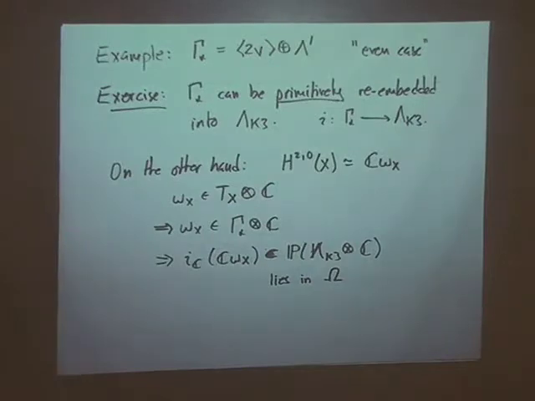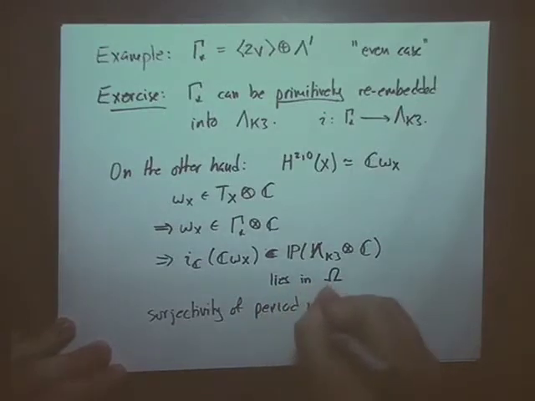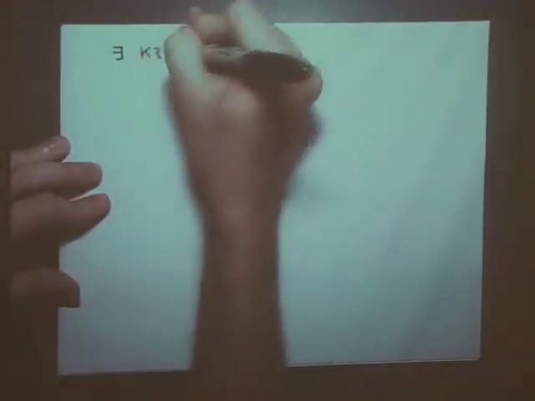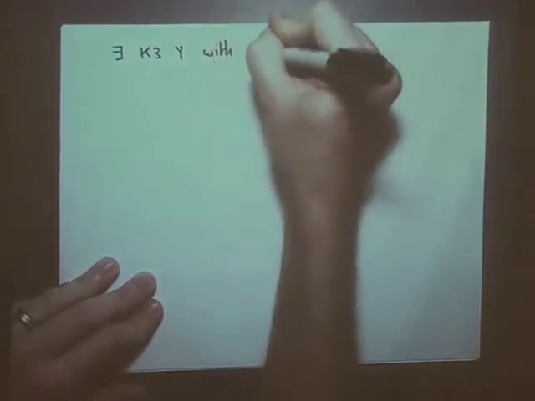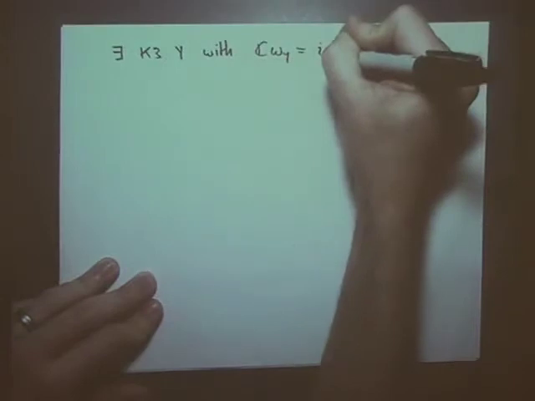And so this is sort of amazing because now we can use the surjectivity of the period map to say the following thing. So there exists a K3 surface Y whose period coincides with the period that I'm staring at.